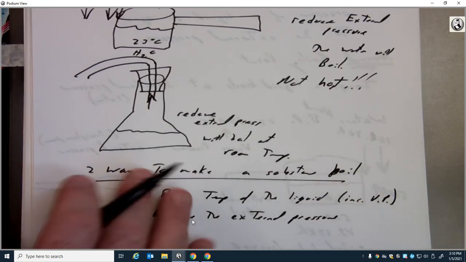Now, what if we want to go the other way? What if we want to make a substance condense? Well, again, there are really two ways to make a gas condense.